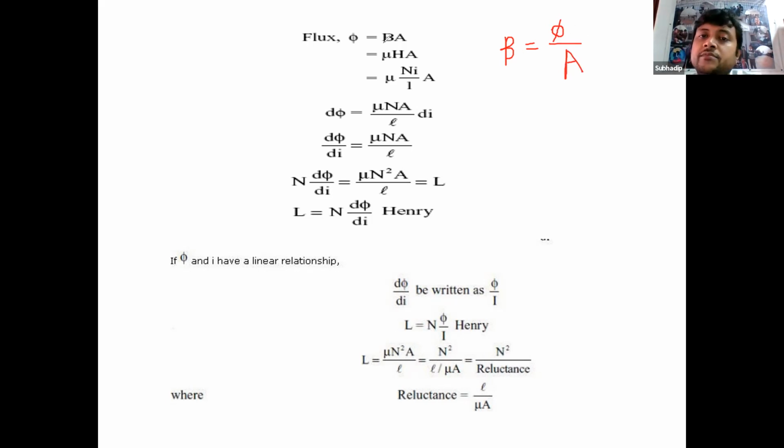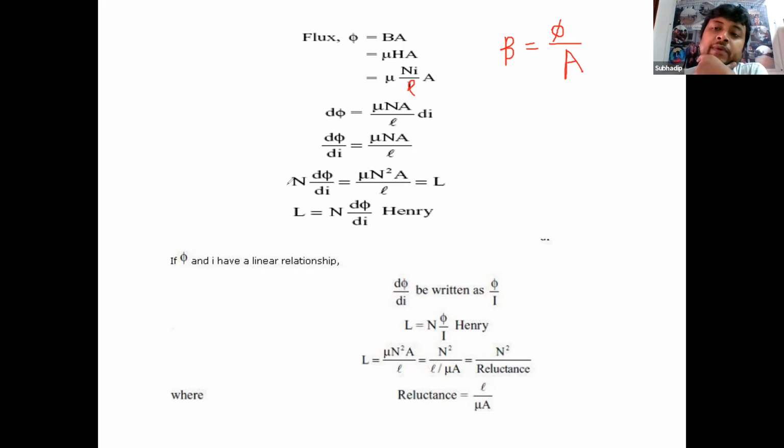So from here phi equals b into a, and for b, you know it is nothing but mu H, so mu n I by l into a. So from here you can say this I is the instantaneous current. So d phi will be equal to mu n a di by l. So d phi di will be equal to mu n a by l.